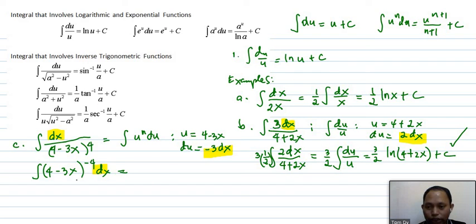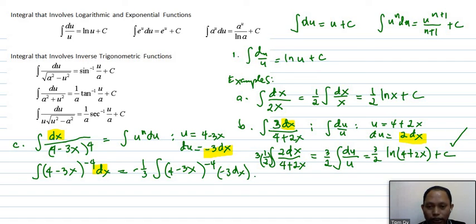So we will continue. For this case, you have here negative 3. So we will rewrite this one with the reciprocal of negative 3, that is negative 1/3, times the integral of 4 minus 3x raised to negative 4, and of course this negative 3 dx.